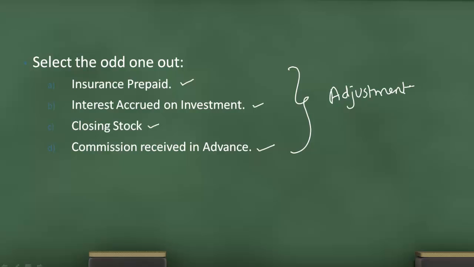But what is something odd in one of the items? Insurance prepaid can be shown under asset. Interest accrued on investment can be shown under asset. Closing stock can be shown under asset, whereas commission received in advance is a liability. So this is the odd one because all the other three were asset. Commission received in advance is a liability. So this is the odd one out.